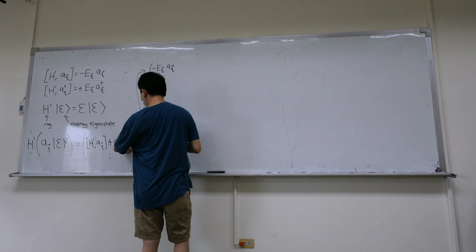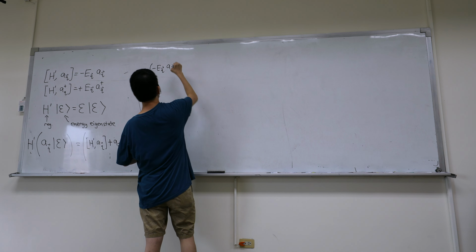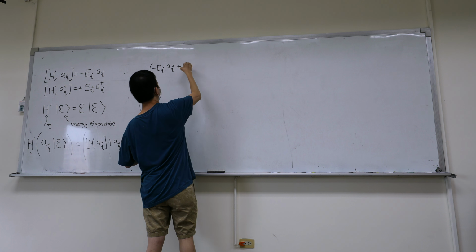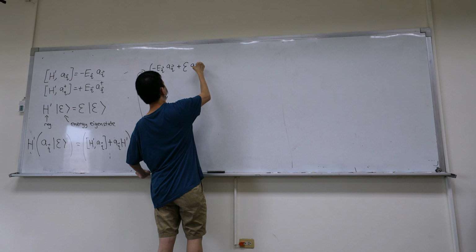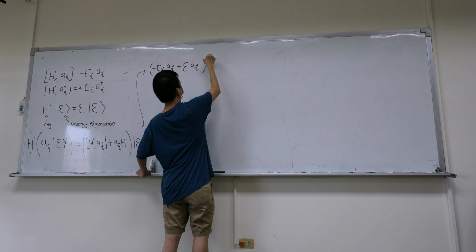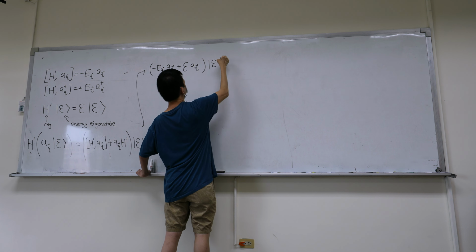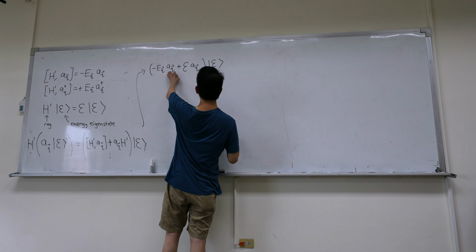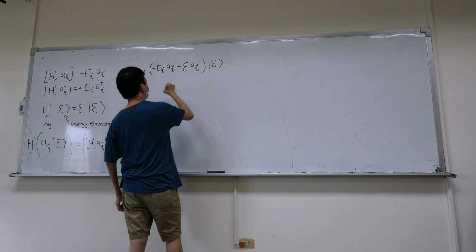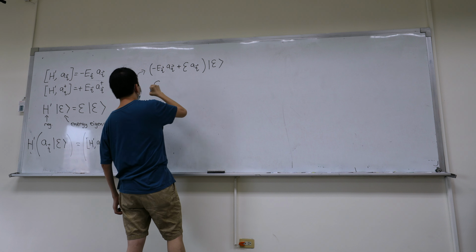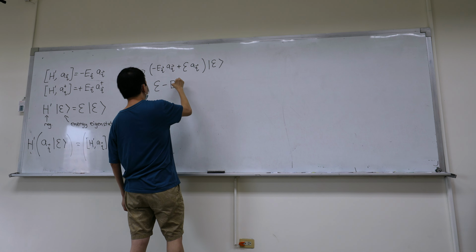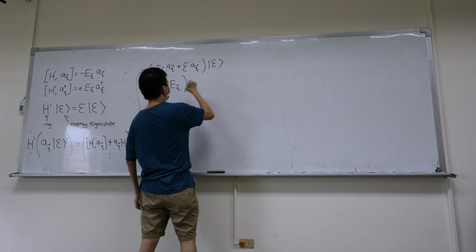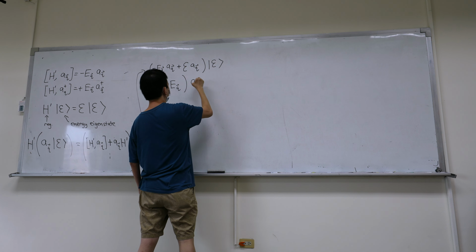And remember, this guy acting on the energy eigenket is nothing but the original energy script E times a_q, all acting on the original energy eigenket. So a acting on E, now we can collect, is indeed an energy eigenstate as well, but now the eigenvalue is different.